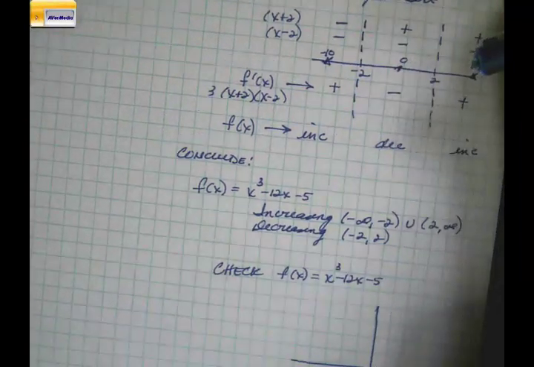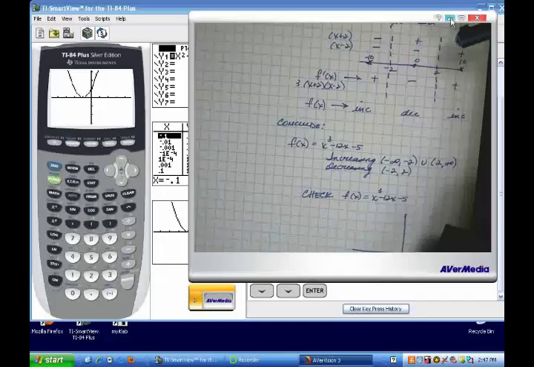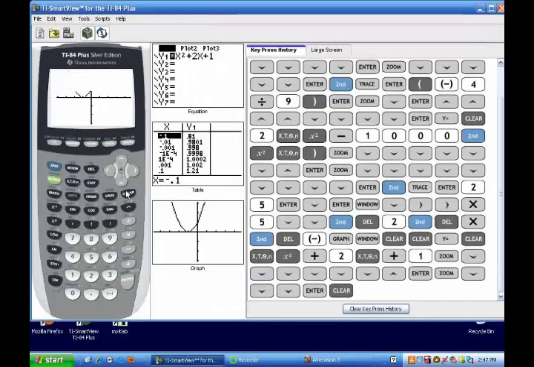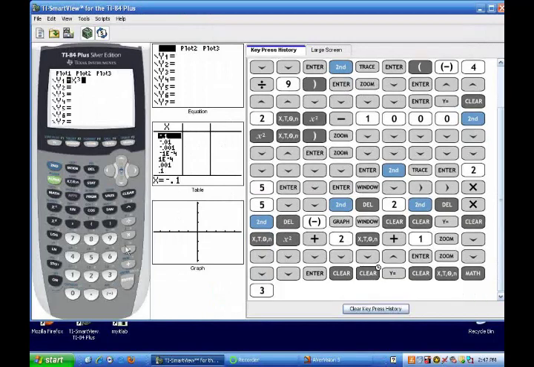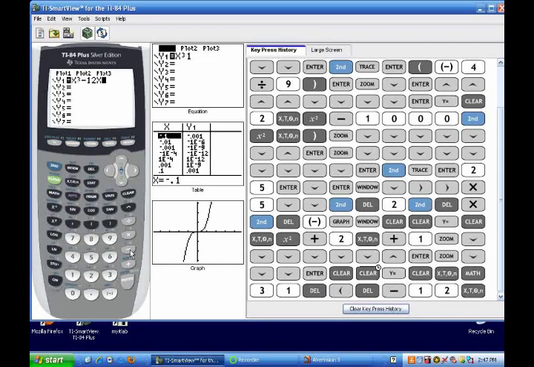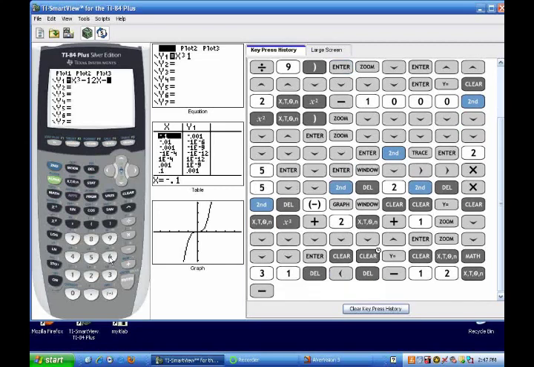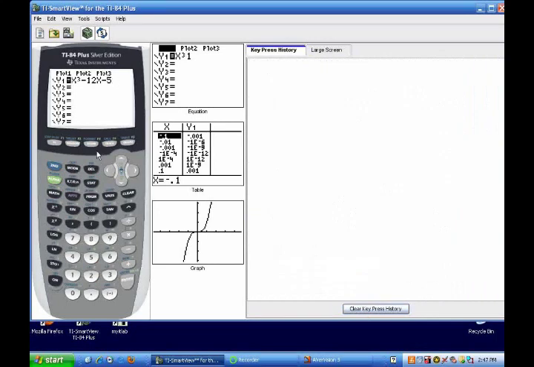Use that nice little calculator. Y equals, clear that off, it's a cubic function, x cubed minus 12x minus 5. Well, I got this screen all unhappy.